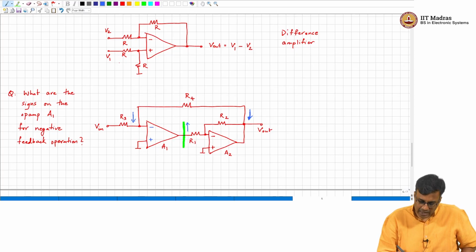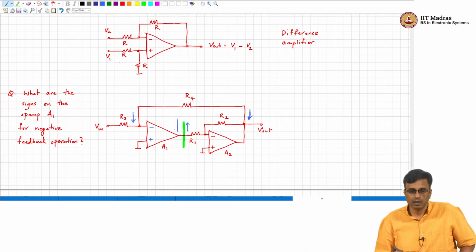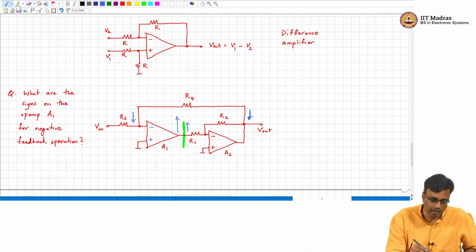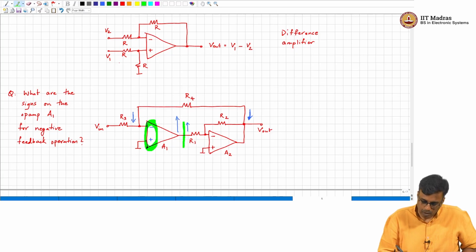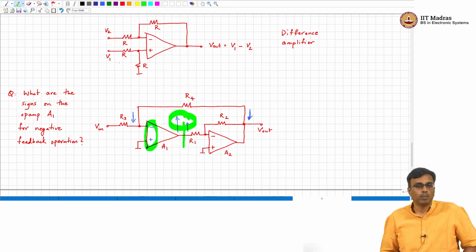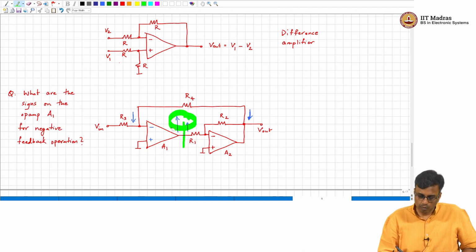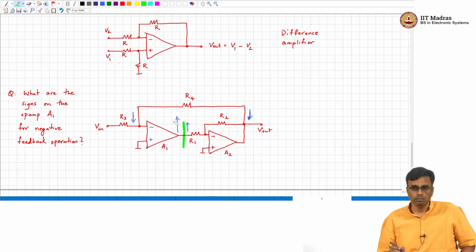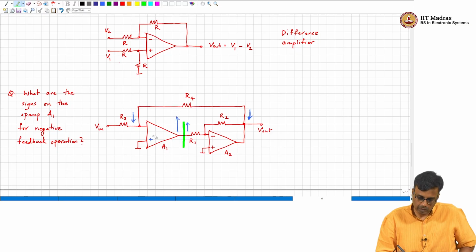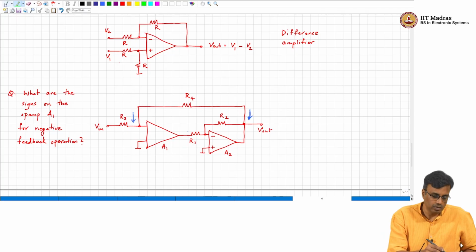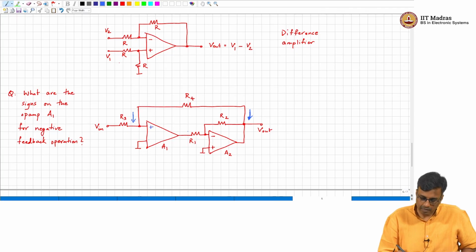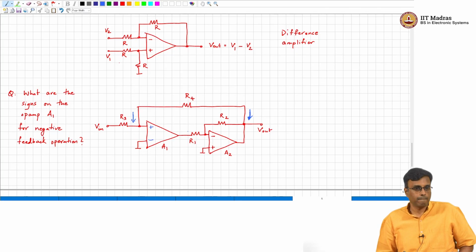If this goes down, and if these were the signs, the output would go up, and therefore this choice of signs of the op amp would result in positive feedback. So, for negative feedback operation, what must we do? You must flip the signs, and this should be plus and minus. Does that make sense? All right.